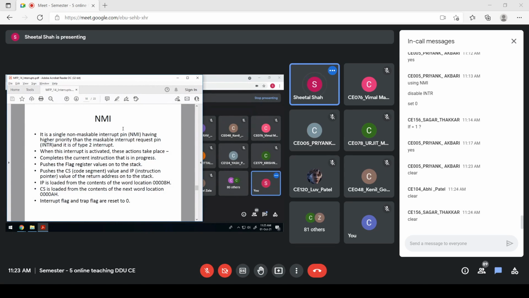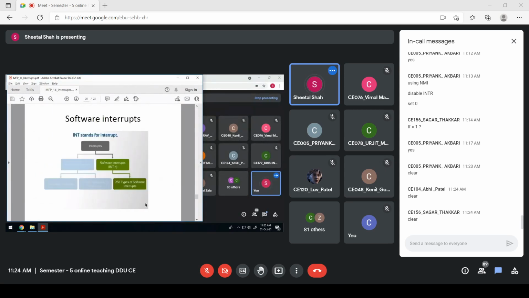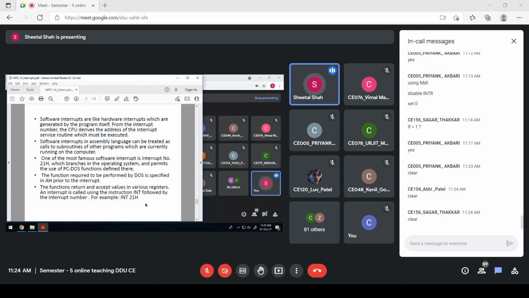Then 2 into 4 plus 2, that is 8 plus 2 is 10, which is nothing but 000A. At this address, the segment value would be placed and CS is loaded by using that, and the interrupt flag as well as the trap flag are also set to 0. So this is how the interrupt would be handled.